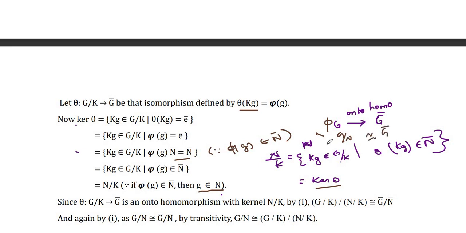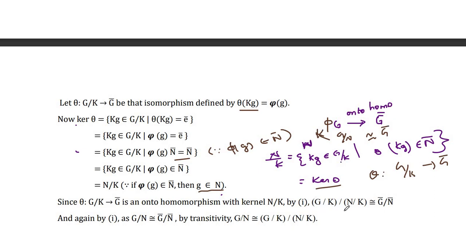So there what is known was this K is contained in N. But in this case we have of course theta from G mod K to G bar, and here kernel theta itself is N mod K. It is not that, like in the previous case, kernel contained in that N that we had. Here kernel theta itself is N mod K.